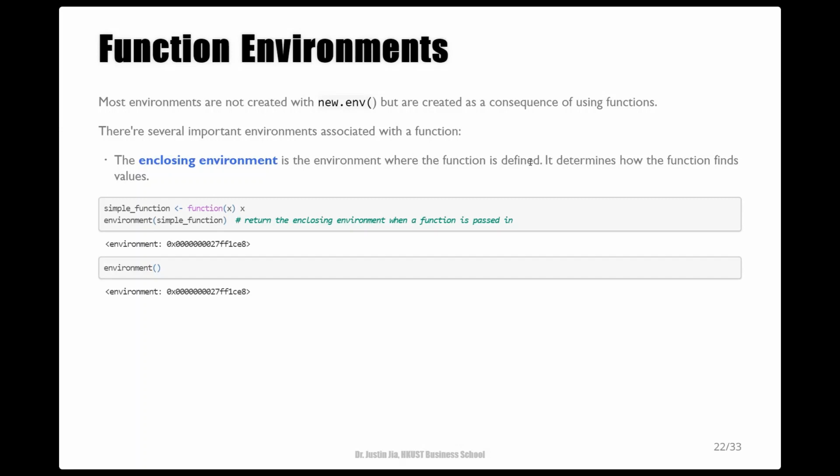It is this environment that determines how the function finds values, as we will see shortly. When calling the environment function with a function object, it will return the enclosing environment of this function. As you can see here, the enclosing environment of this simple function is just the current environment, because it is defined within it.